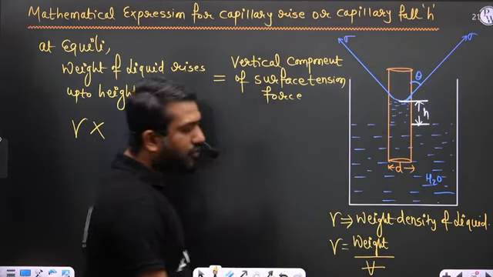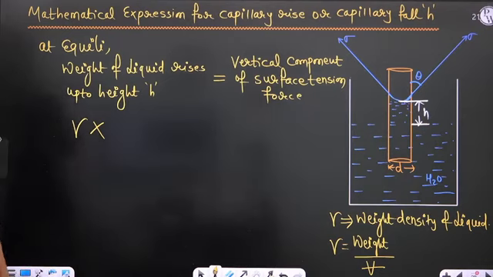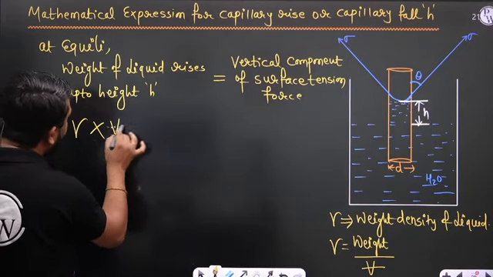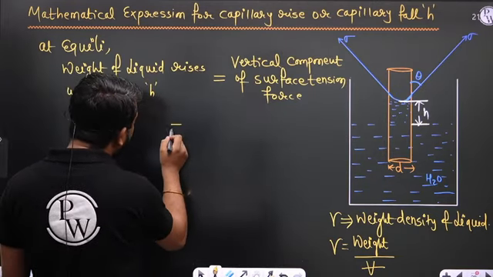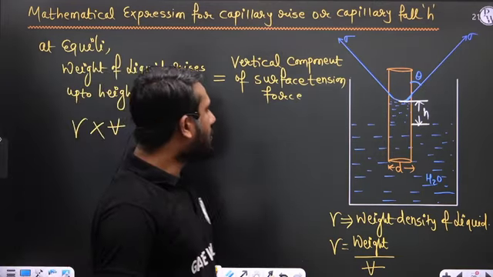So the weight is weight density multiplied by the volume of liquid which rises up to height H. This is equal to the vertical component of the surface tension force.